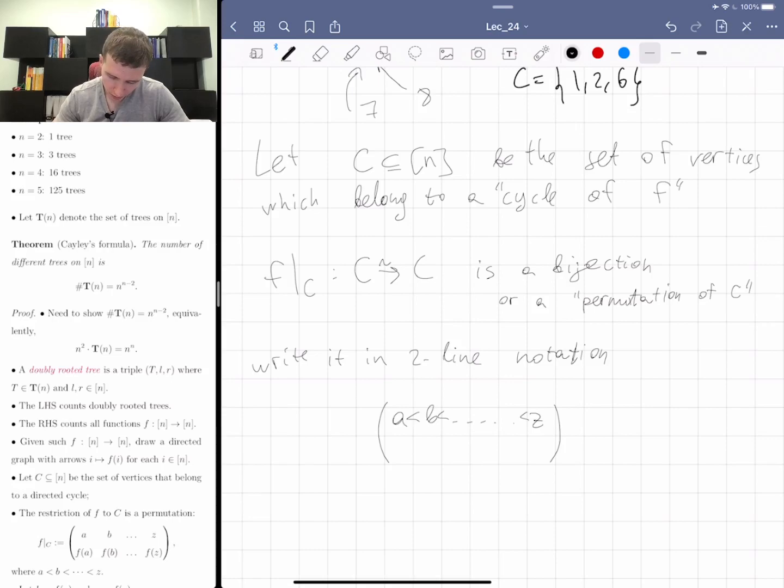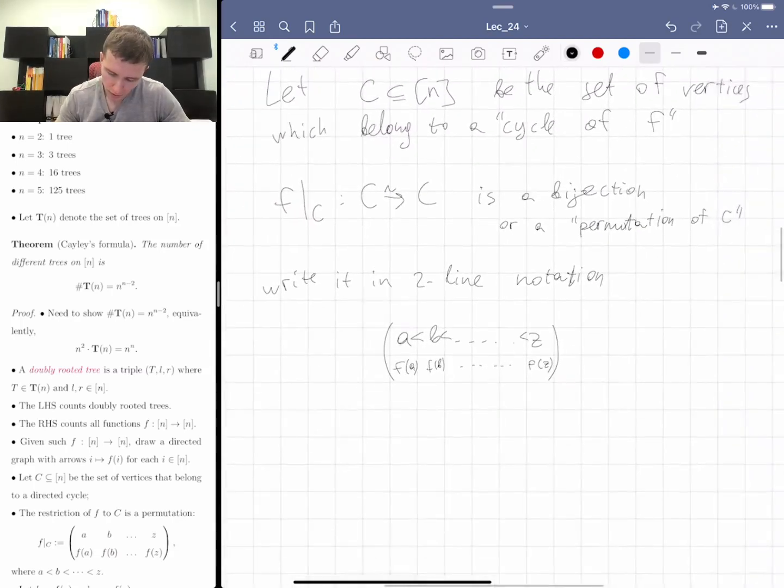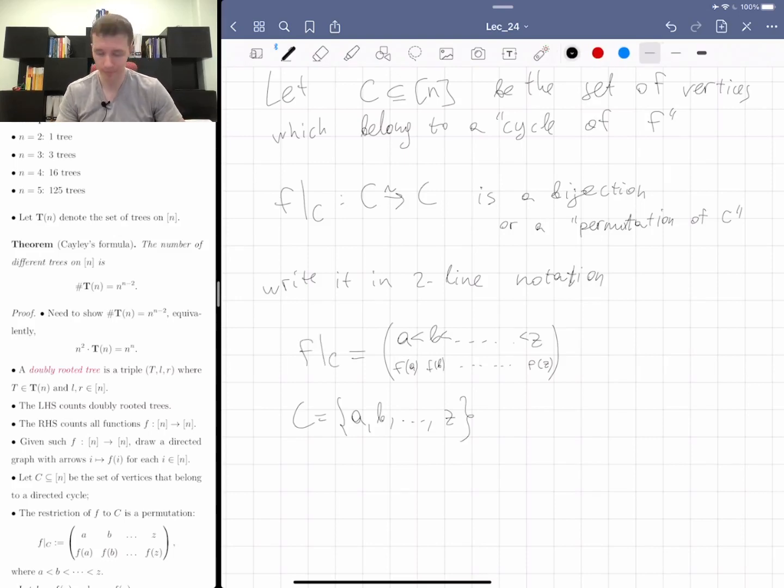And then I'm going to write the bottom row, just f of A, f of B, all the way up to f of Z. Yeah, I could have just denoted them C1, C2, etc. Anyways, the point is that I can write the restriction of f to C in two-line notation in this form.